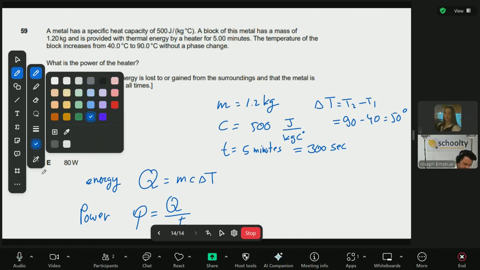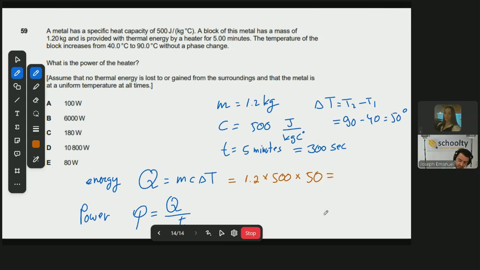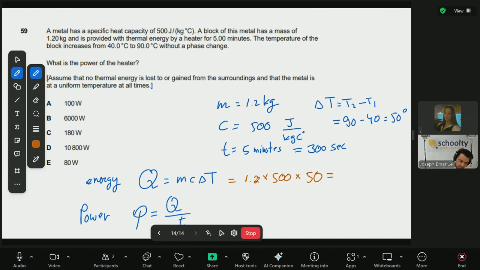So we can start solving. It's easy. So 1.2 multiplied by 500 multiplied by 50. 500 times 50 is 25,000. Another 5,000 is 30,000. So this is 30,000 joules.